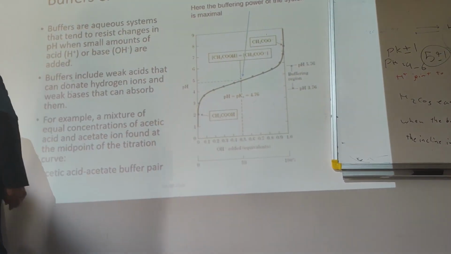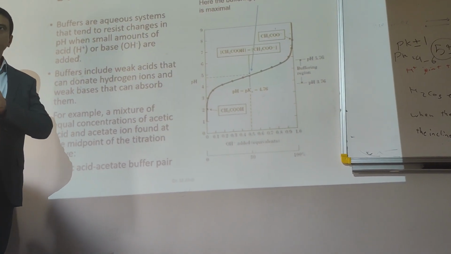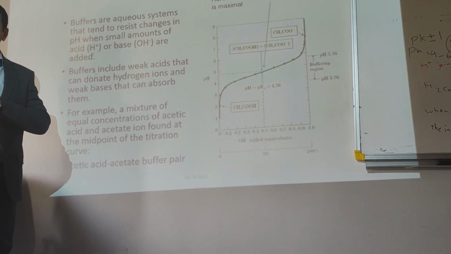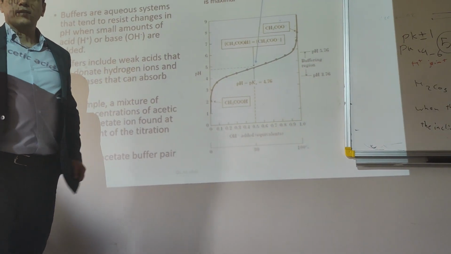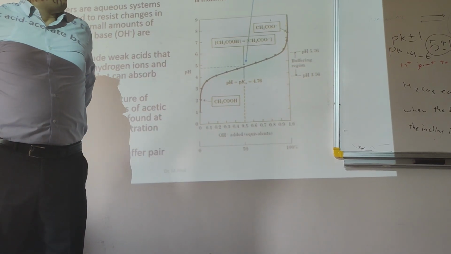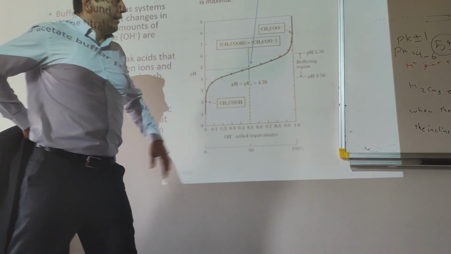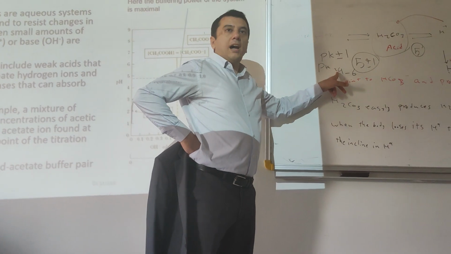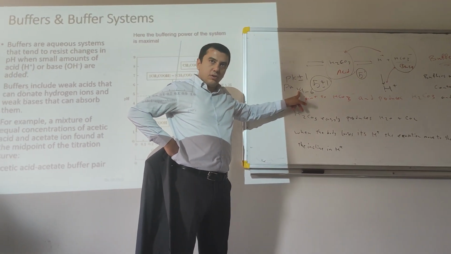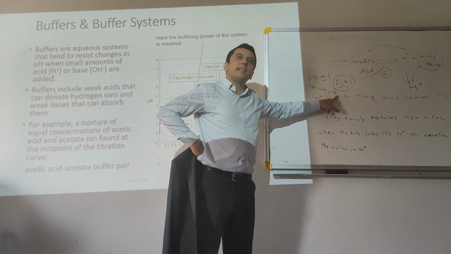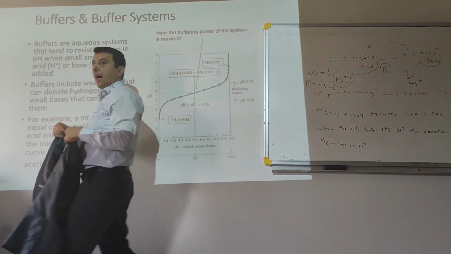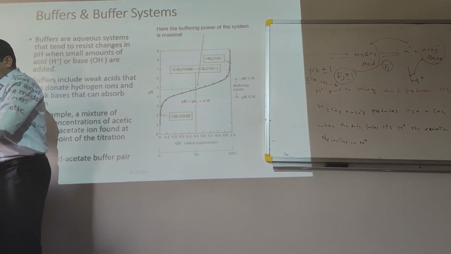Do you have any questions? Do you understand? 5 plus or minus 1, or from pH 4 to pH 6, we have the highest buffering activity.